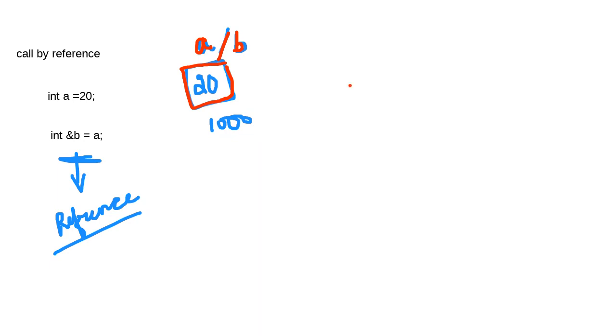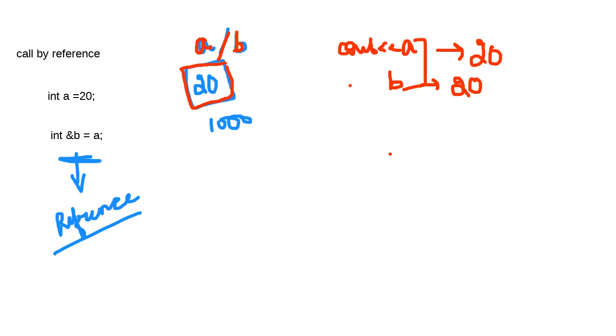So if I write cout a, can you tell me what will be the answer if I write cout a? Can I say 20? Same way, if I write cout b, that will also give me an answer 20, because both of these variables are referring to this particular location in the RAM.